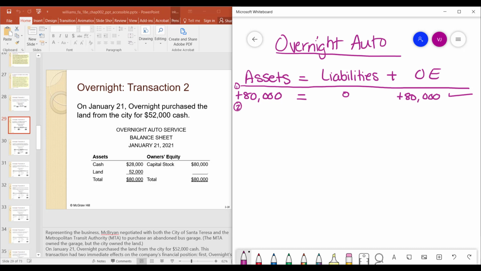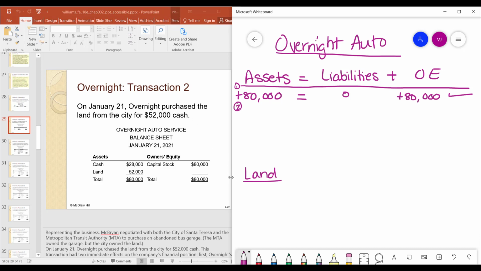So on January 21st, Overnight purchased the land from the city for $52,000 cash. So you ask yourself, what exactly is happening here? The business bought land, right? So the business is now an owner of this land. And how did they pay for that land? Is there a mortgage?